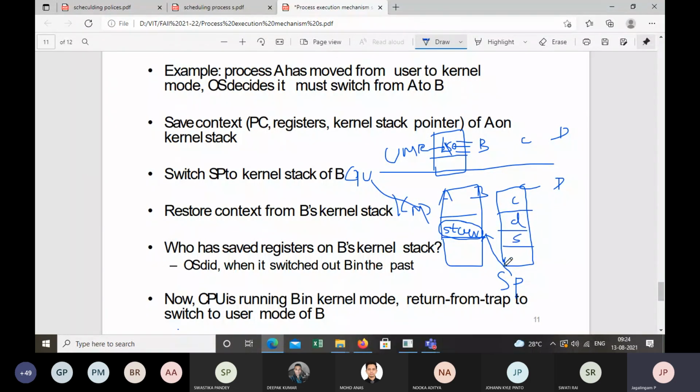Now the operating system decides to switch from process A to process B. What it does is it makes the SP, the stack pointer, point to the stack of process B. Now what information do you have in the stack of process B?